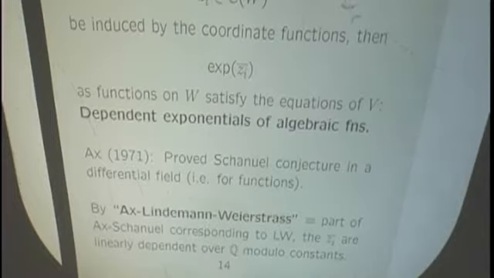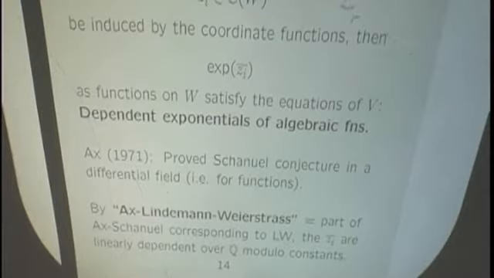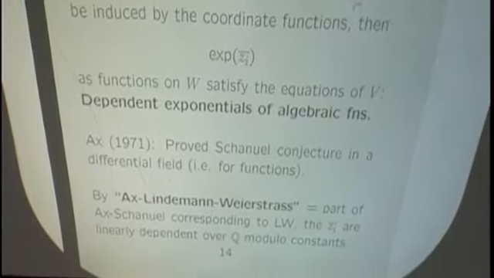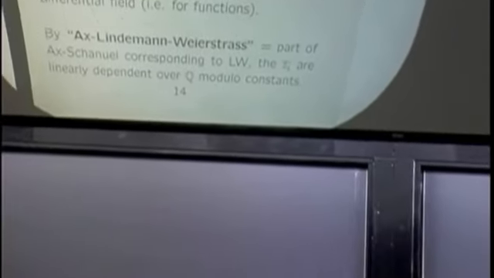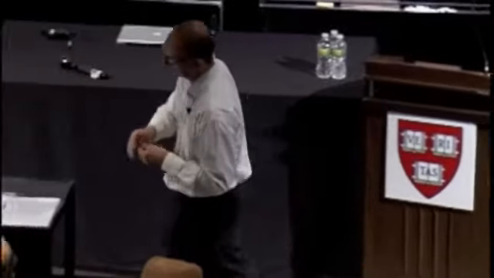And in particular, this implies that, using only, so to speak, the Lindemann-Weierstrass, it's the part of Ax-Schanuel that deals only with the exponentials of algebraic functions, that if the exponentials of algebraic functions are algebraically dependent, then those functions are linearly dependent over Q modulo constant functions. So I'll write down on the next slide what that means.